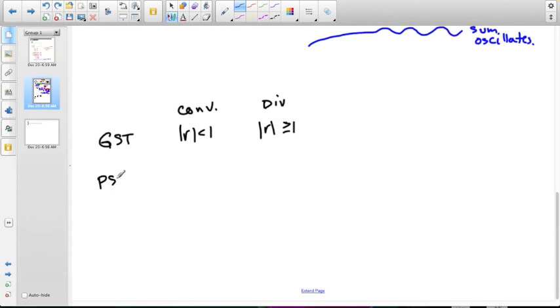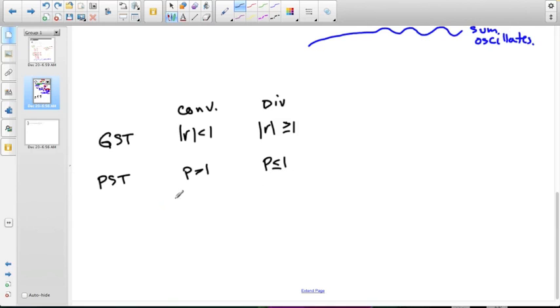For things like the p-series test, we can test for convergence when p is greater than 1, or we can test for divergence when p is less than or equal to 1. This came out of the integral test, and that 1 over n series is the transition point from converging to diverging.